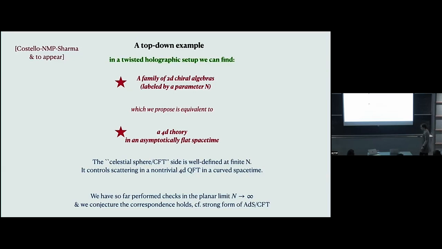So motivated by these kinds of constructions, in particular the existence of 6D twistorial theories, and in fact the topological string origins of that Green-Schwarz mechanism I was talking about earlier, we actually propose, also using techniques from twisted holography, which I've been thinking about as well, that we can find not just a tree-level chiral algebra or a one-loop chiral algebra or a two-loop chiral algebra, but rather we're able to construct from a top-down point of view in the topological string a whole family of 2D chiral algebras labeled by an integer parameter n, as usual in holography, which we propose is equivalent to a certain four-dimensional theory in an asymptotically flat space-time.